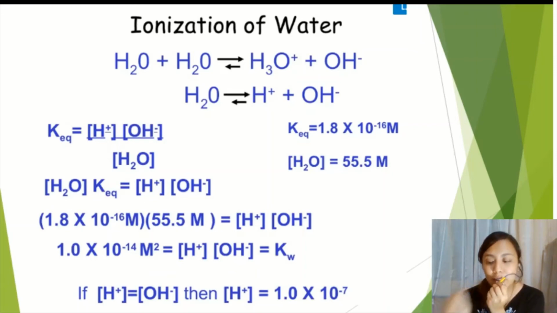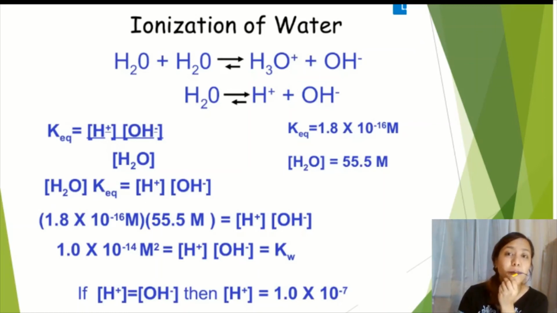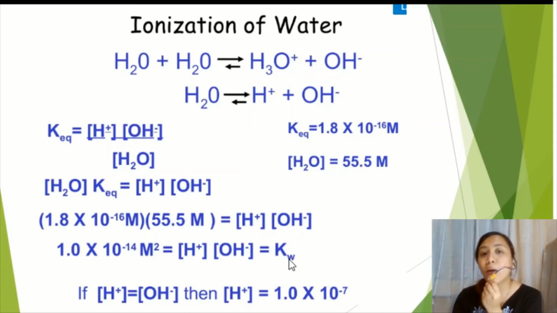But just highlight this: 1 times 10 to the negative 14 and 1.0 times 10 to the negative 7 are actually the values behind your pH scale. The Kw here stands for the water dissociation constant, and the 1.0 times 10 to the negative 7 stands for the concentration of your hydronium ion and hydroxyl ion in a 1,000 ml solution.